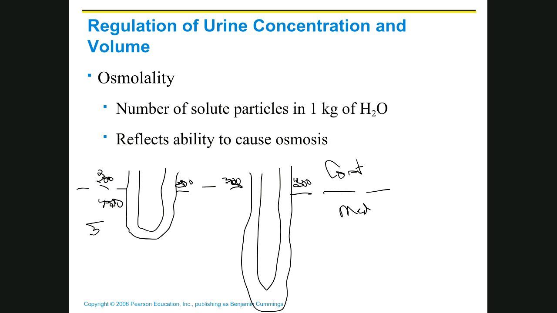So look, it went down, and the deeper you go, the saltier it gets, all the way to about 1,200 milliosmoles. So if I look at my cortical nephron, it only hangs down to about this number. But if I look at the juxtamedullary one, look, it hangs all the way down here.